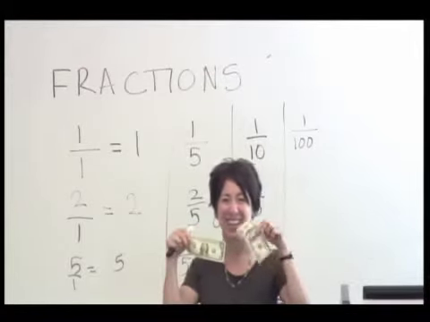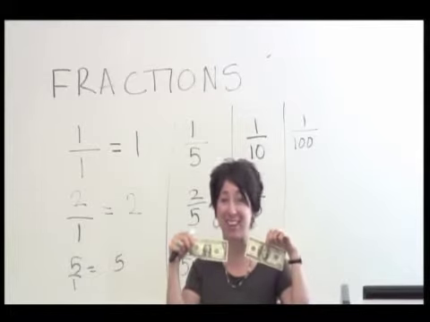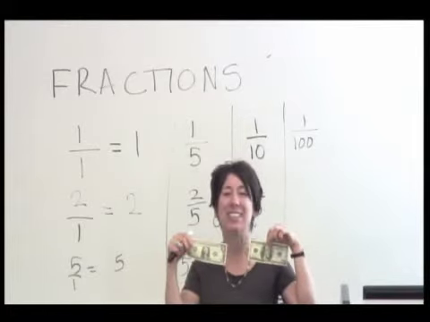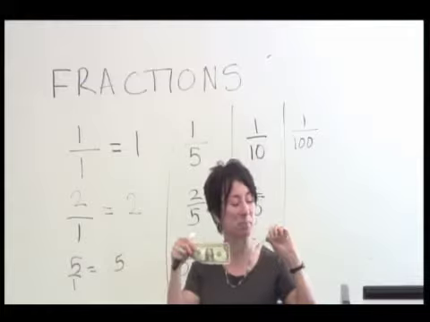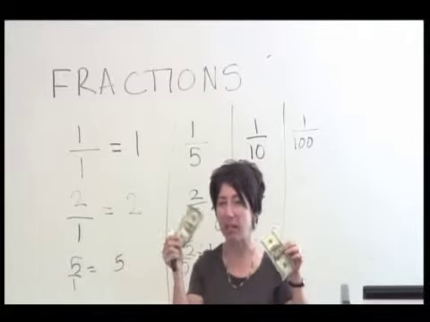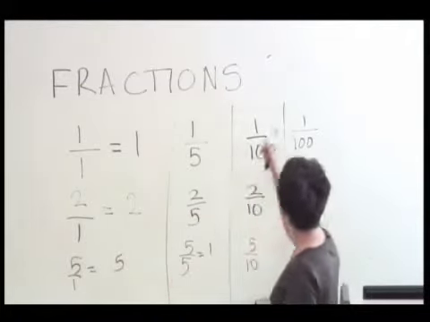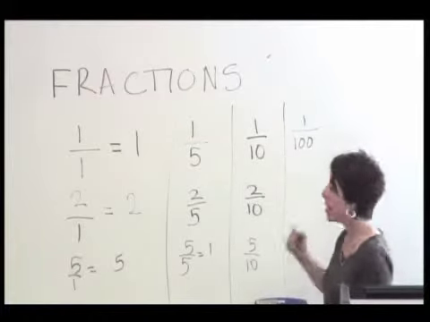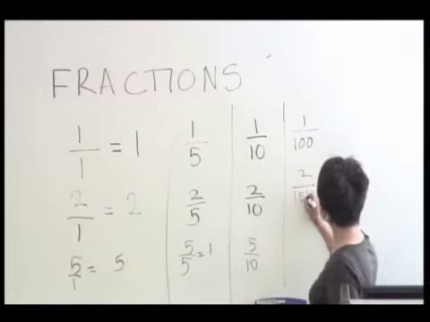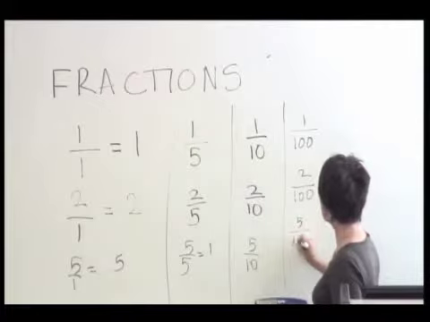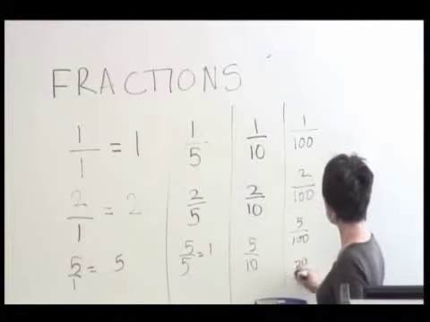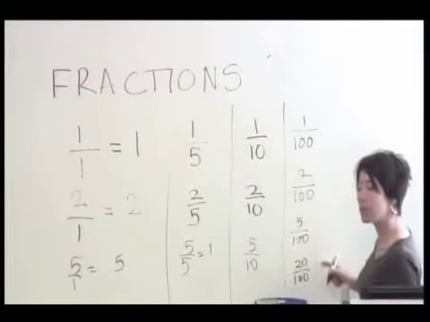I don't think it matters. I don't think they care if they're upside down or not. You may care, sorry. But if I have a $100 bill and I have my $1 bill, then that's going to be 1/100. And if I had $2 or $5 or even $20 bill, these can be simplified.